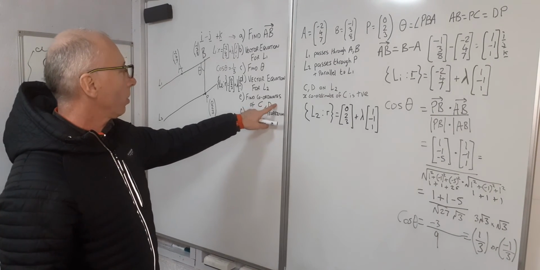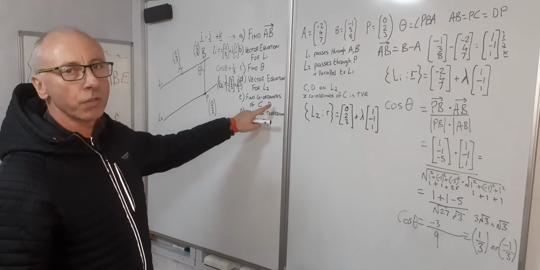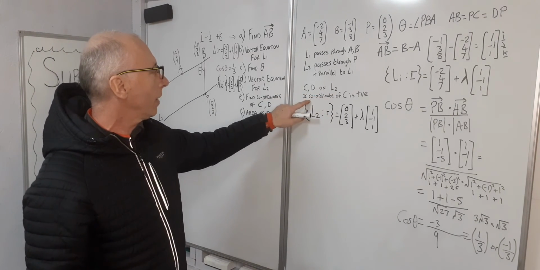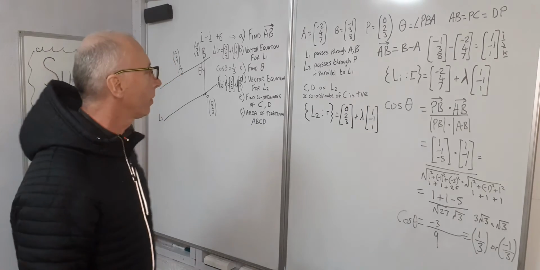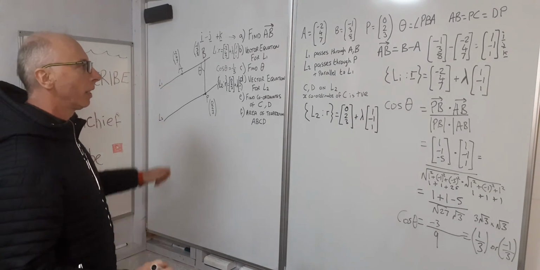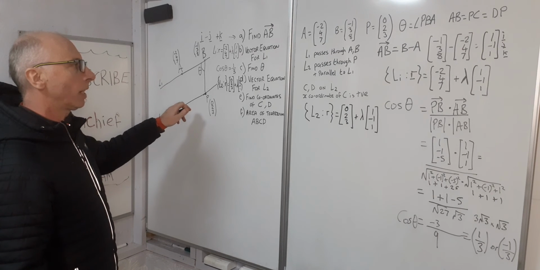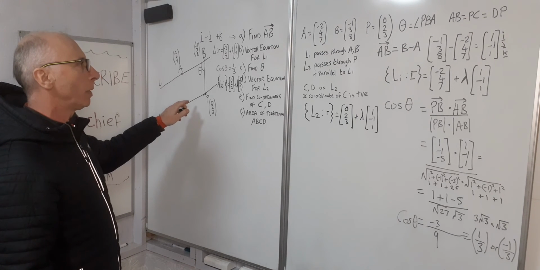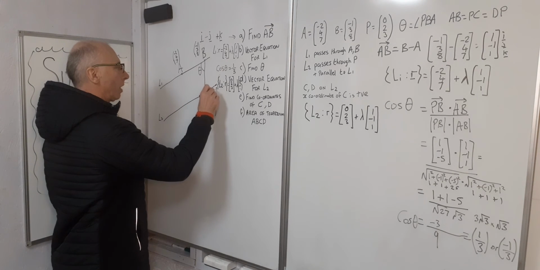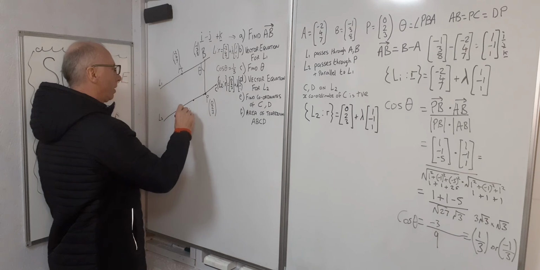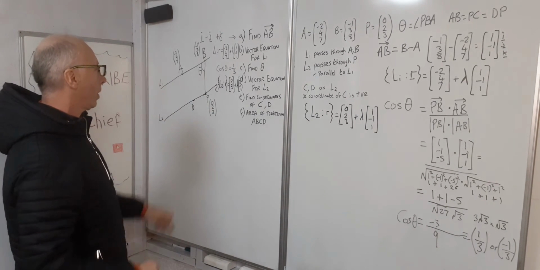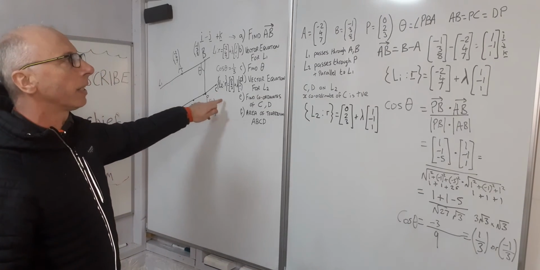Okay, that's all good. Now find the coordinates of C and D. C and D lie on L2, and the x-coordinate of C is positive. So here we go, there's P. C and D are on L2, and the x-coordinate is positive. So we'll have C here and D here. So how do we find the coordinates of C and D?